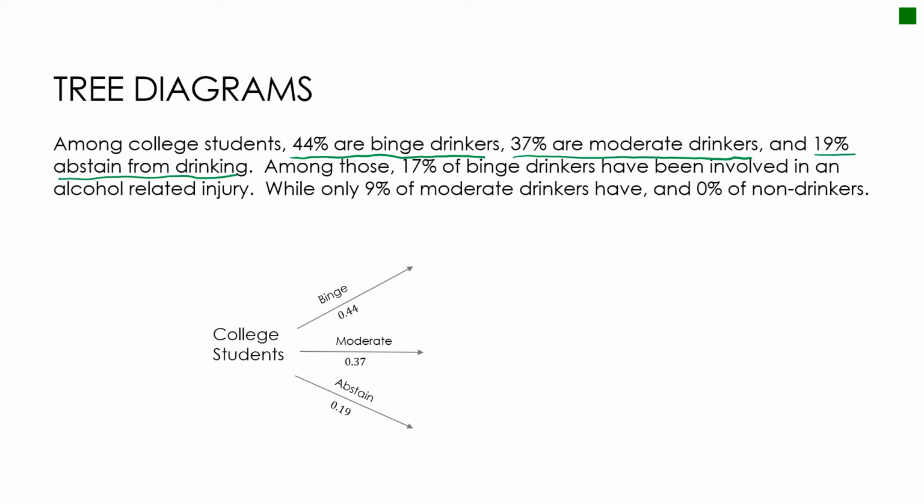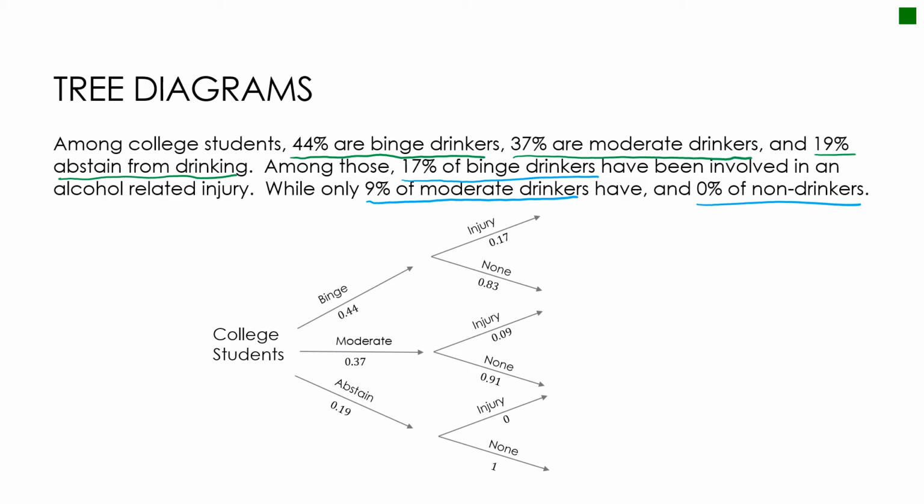The other variable that I'm looking at is whether or not they've been involved in an accident-related injury. So again, notice that these are changing. So this is 17% of binge drinkers, which is different than the amount from other categories. So 17% binge, 9% moderate, 0% non-drinkers.